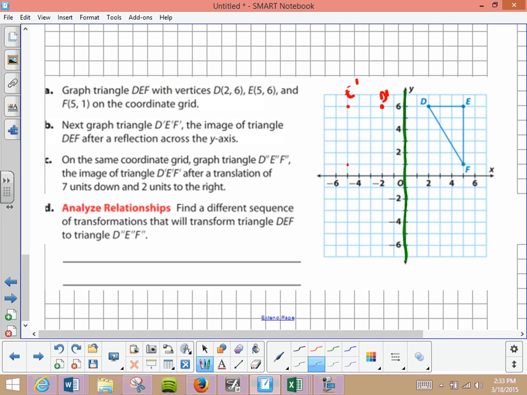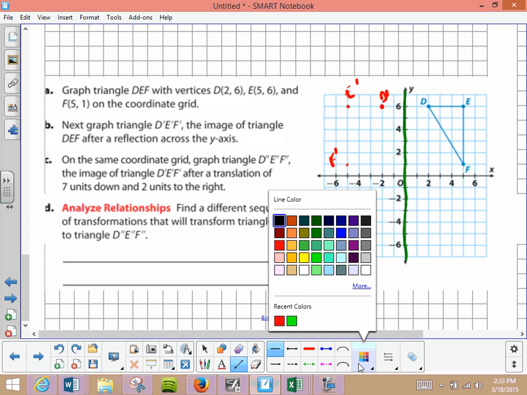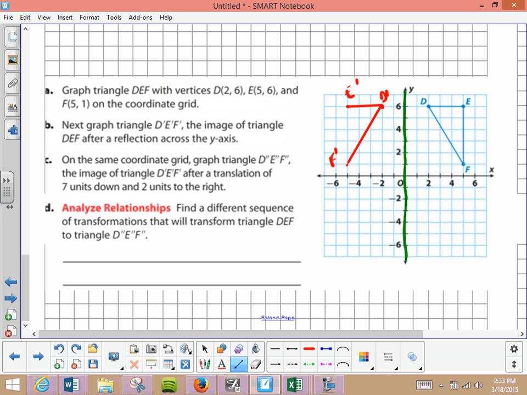And this is 5 away, and then F prime. And now you can connect the dots, right? There we go.